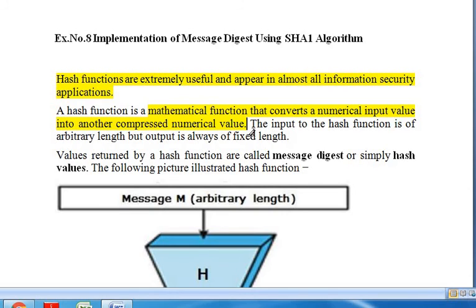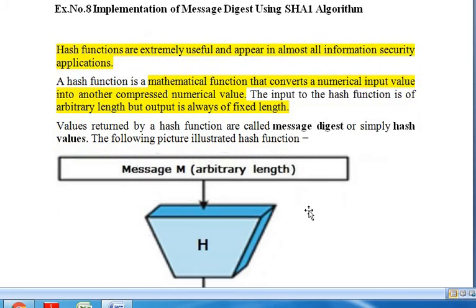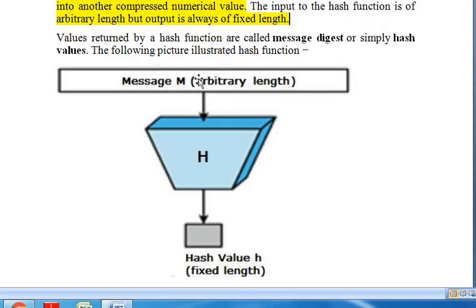The input to the hash function is of any length, but the output is of fixed length. See the diagram, you can understand. This is a hash function. You can give an input of any arbitrary length, but the output is of fixed length.